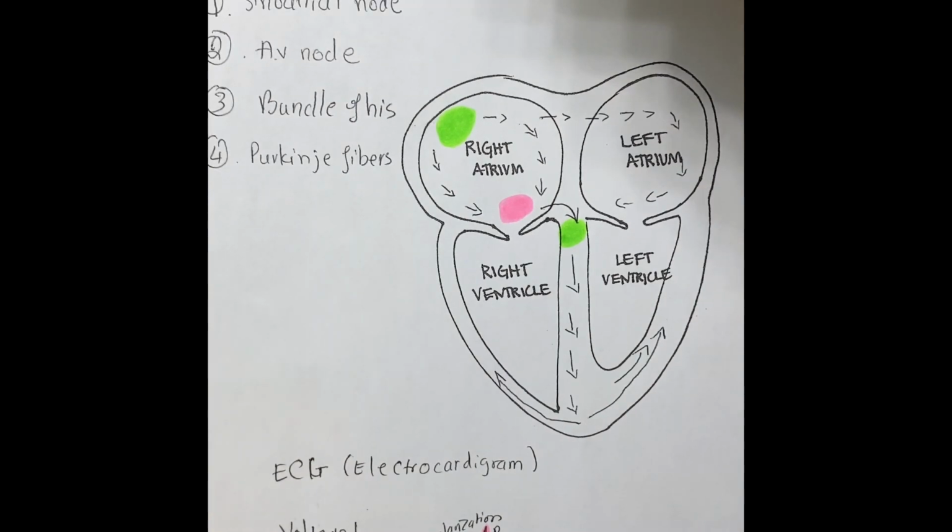So the important thing is that the electrical signal or the action potential always comes before the physical movement. So we always have to have the electrical signal before the beat, so the atria can depolarize.